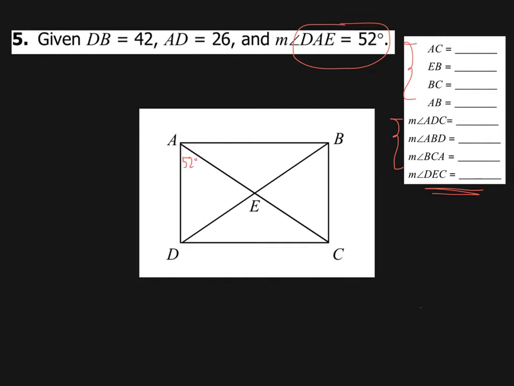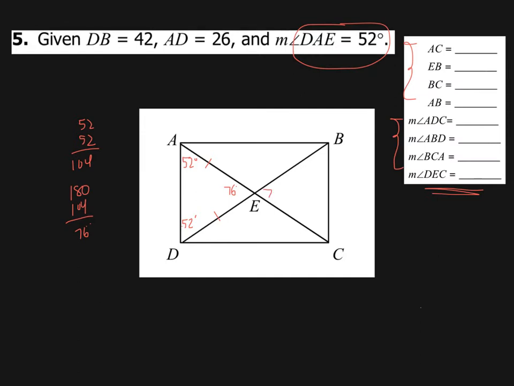That's 52 degrees. Now remember, this is an isosceles triangle, and these are the congruent angles. So I'm going to come over here, and I'm going to say 52 twice is 104. And when I subtract 104 from 180, I'm going to get 76 degrees. And that's going to be my vertex angle up here.